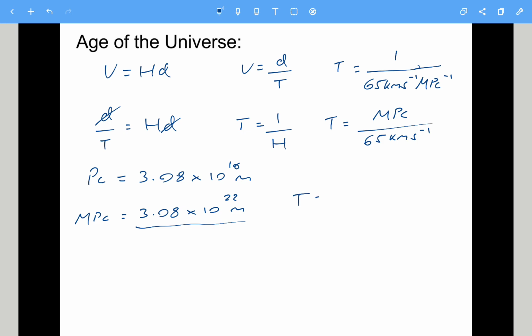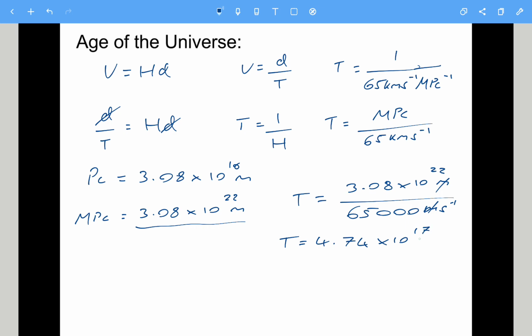So the age of the universe T is a megaparsec, 3.08 times 10 to the power 22 meters, and what we need to do is convert that kilometers at the bottom into meters as well. Meters per second. Meters cancel. 1 over 1 over s gives us the age of the universe in seconds. So that gives us 4.74 times 10 to the power 17 seconds.